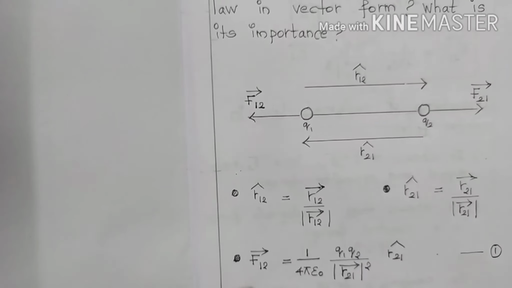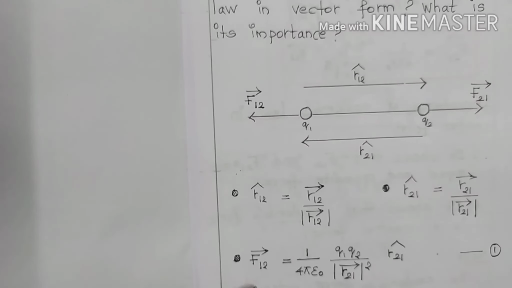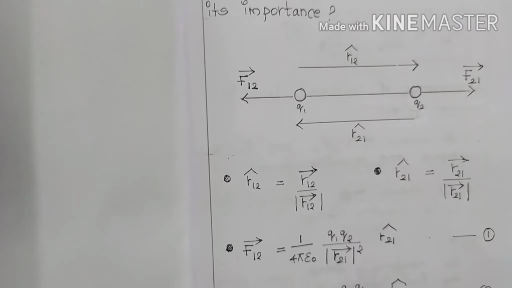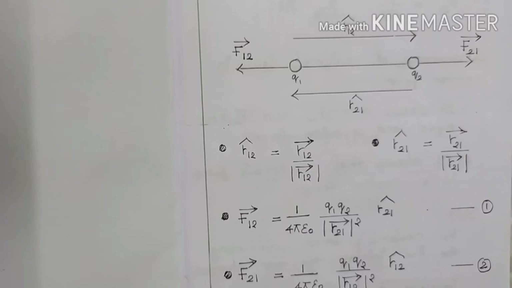Now let us write the equation for force. Let us recall how do we write Coulomb's law. F is equal to 1 by 4 pi epsilon naught Q1 Q2 by R squared, times the unit vector R. Okay. Here I am going to write the force for F12 vector.